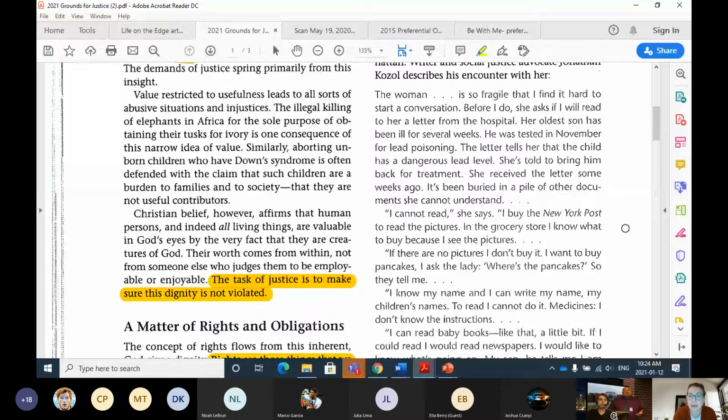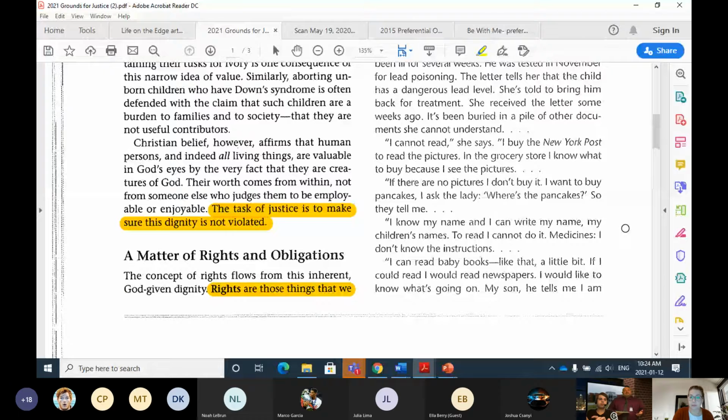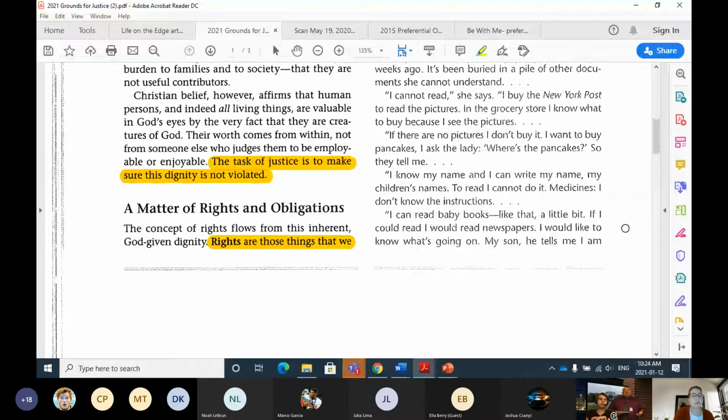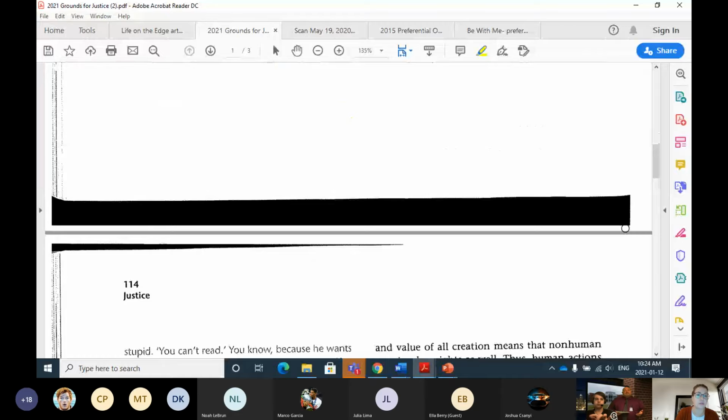I want to buy pancakes. I ask the lady, where's the pancakes? And so they tell me. I know my name and I can write my name, my children's names. To read, I cannot do it. Medicines, I don't know the instructions. I can read baby books like that a little bit. If I could read, I would read newspapers. I would like to know what's going on. My son tells me I'm stupid.